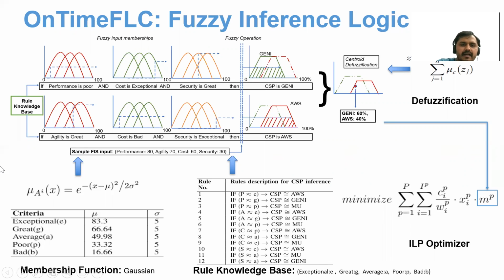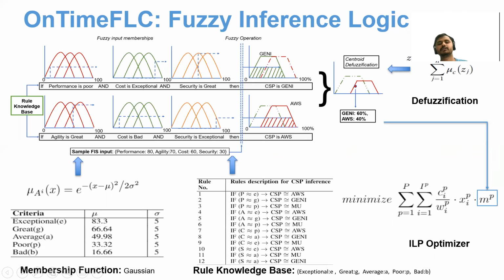If you see here, the sample example is the PACS in the ratio of 80, 70, 60, and 30. Based on these inputs, the second set of input gives out that the user needs Genie for 60% and AWS for 40%. We used a centroid model for defuzzification, and after this defuzzification has been done, this is passed to our ILP optimizer, which creates the templates.